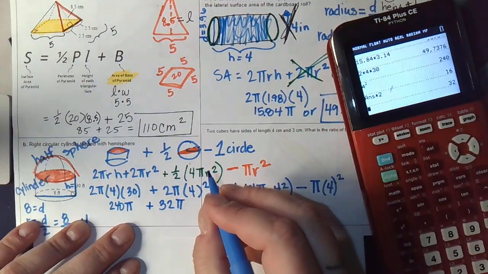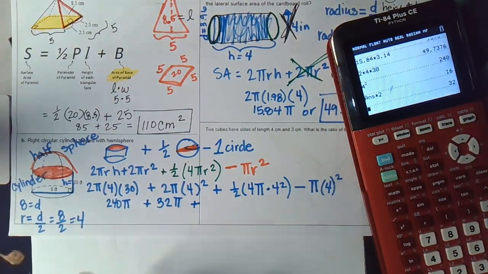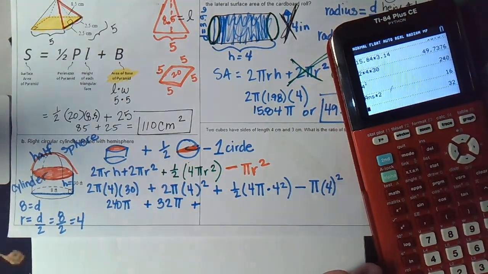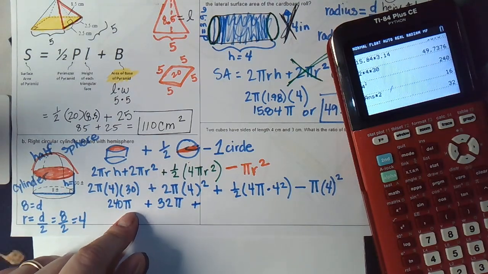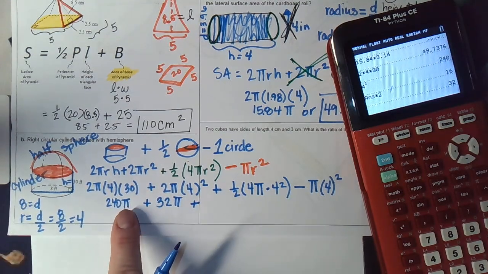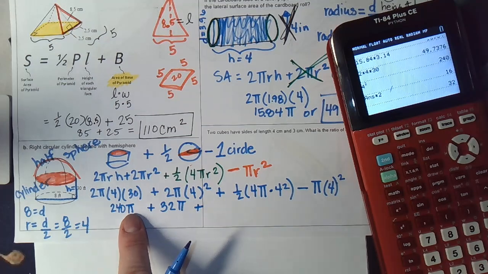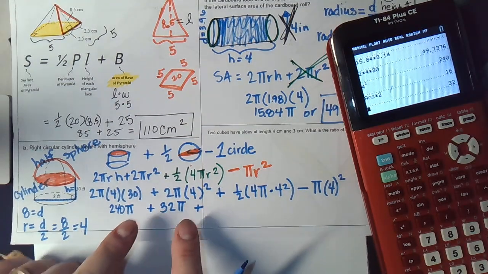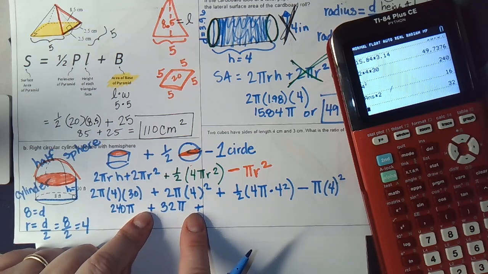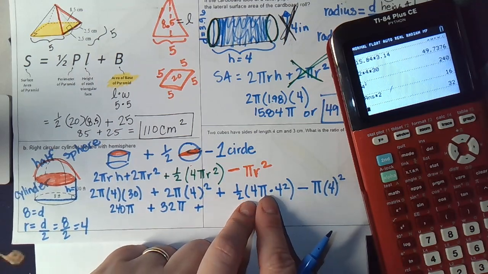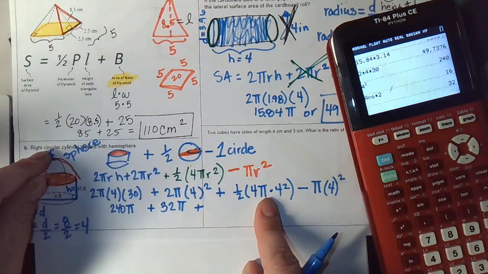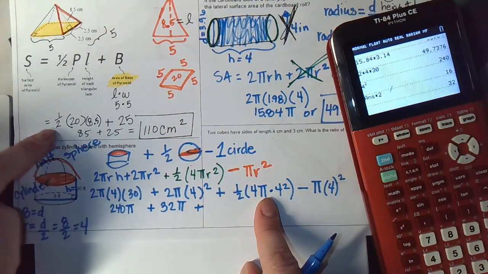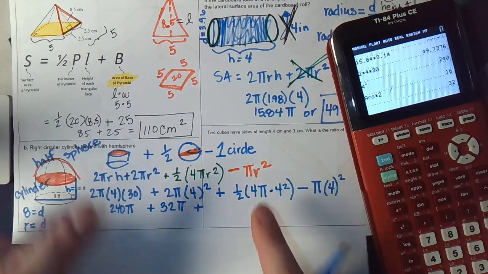Okay. Then we're going to add another something. So everything I just wrote was for the surface area of the cylinder. Now we're going to add on the surface area of half of a sphere.